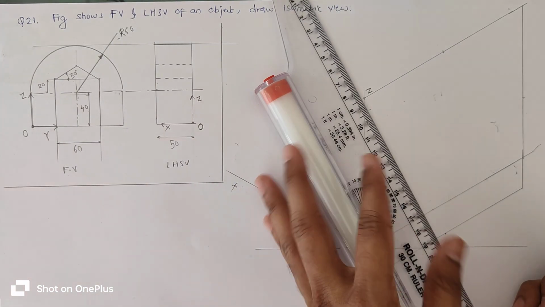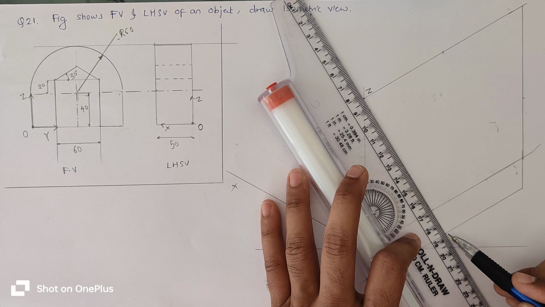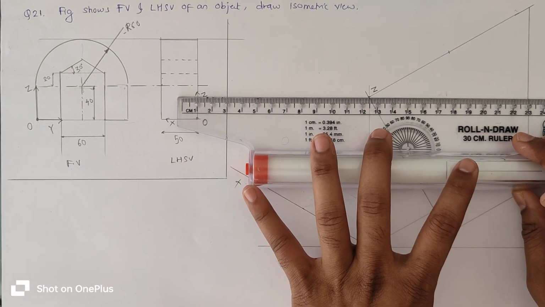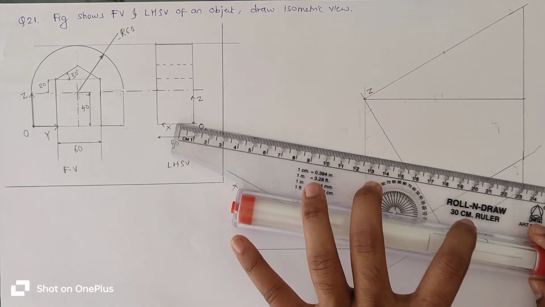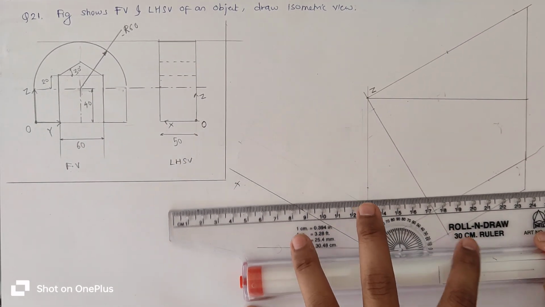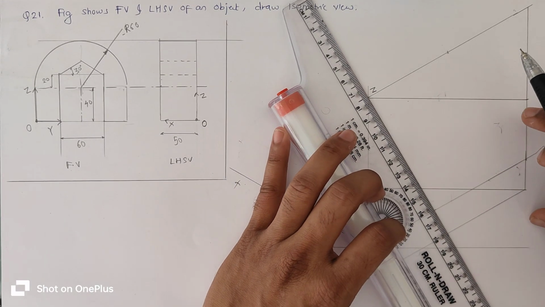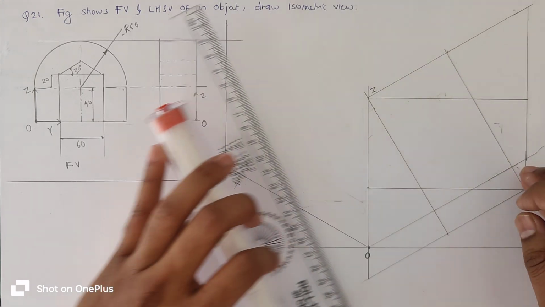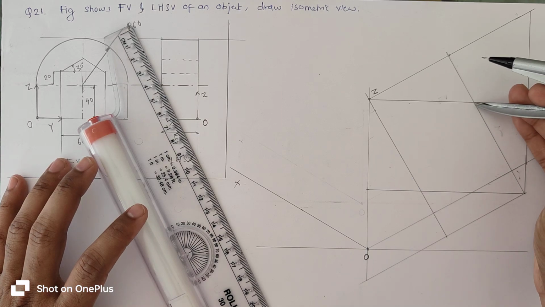Now to draw semicircle we require whole procedure as whole circle. So now in this rhombus we will only draw semicircle.